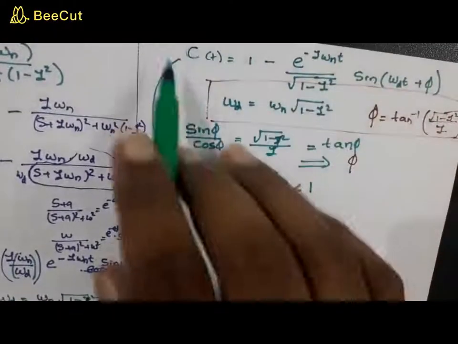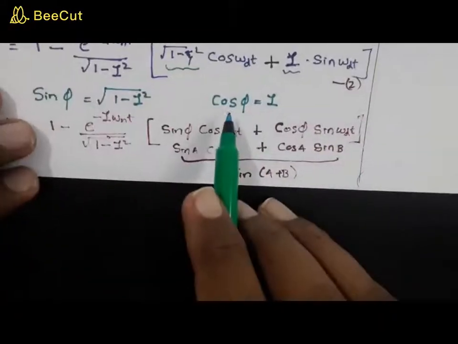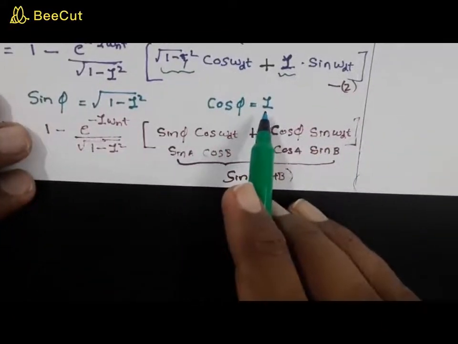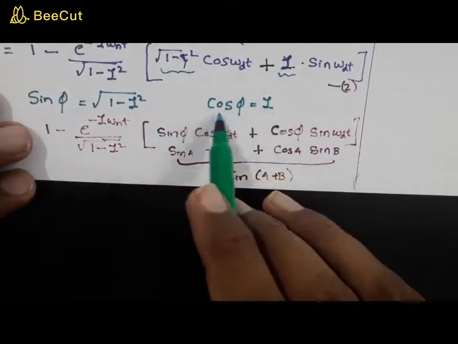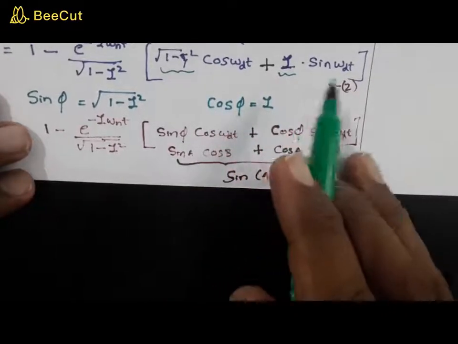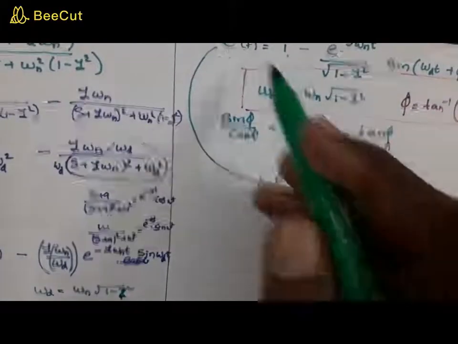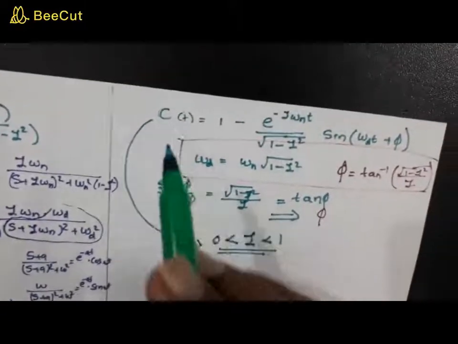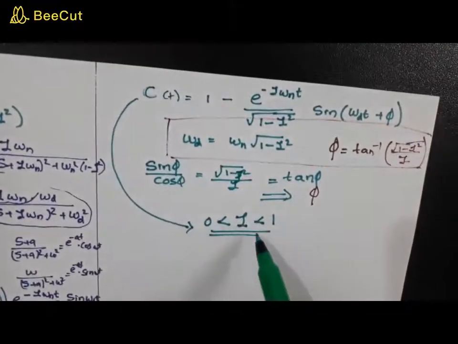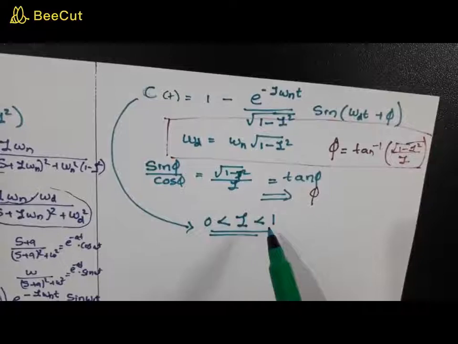In that case, we cannot use this equation, because we got this equation under the assumption that cos phi is equal to theta. When theta is greater than 1, this equation is no longer valid, so you will have another expression for theta greater than 1. Mind you that theta is a positive quantity, and this is the step response equation for theta between 0 and 1.